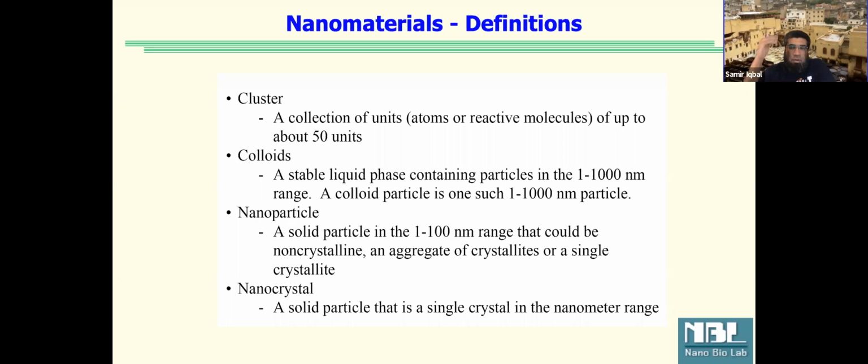The second word, colloids: these are particles in the range of 1 to 1000 nanometers, and they would be stable in the liquid phase. What I mean is they would not get dissolved like sugar, and they would not settle down like sugar.